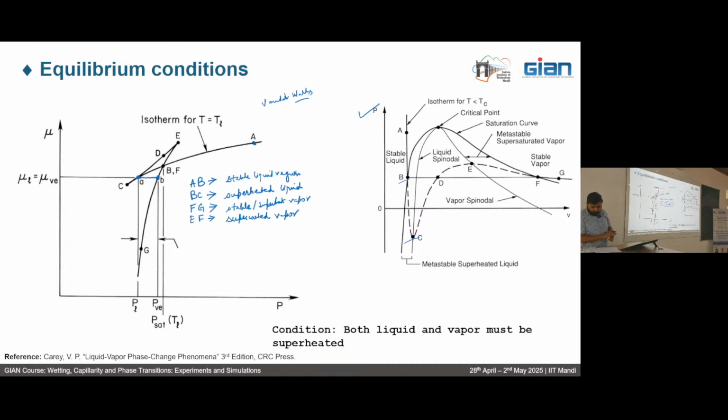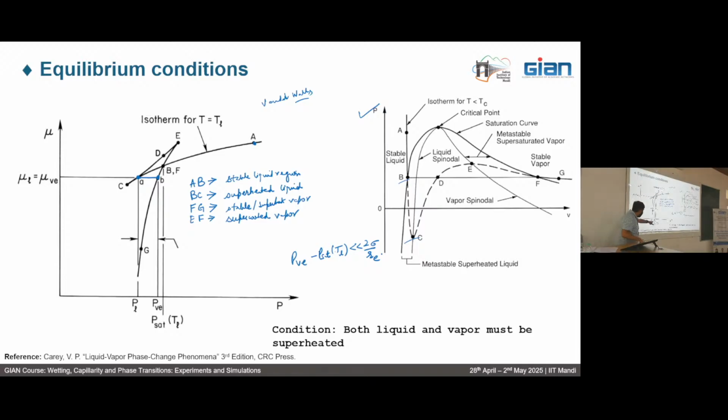Now, one assumption we also took two or three slides ago was that P_VE minus P saturation at temperature T_L is much less than 2 sigma by R_E, and that you can confirm from this plot here.